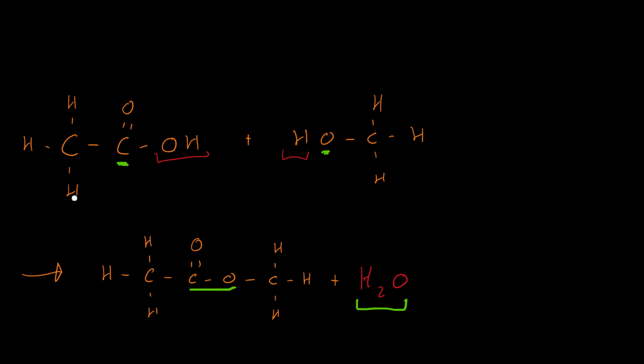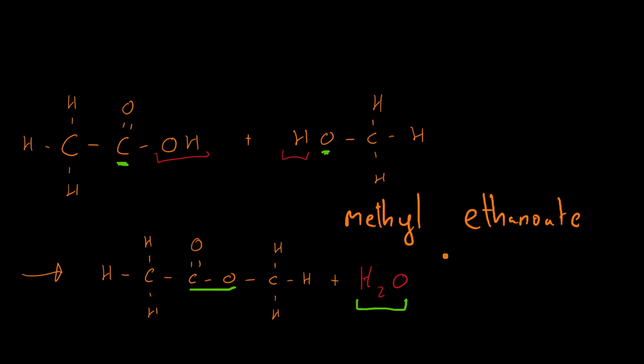Now, the way that we name that is we name it using the alcohol first. The alcohol was methanol, and so we call this methyl. That's the first little bit of the name. So methyl tells you which alcohol you used, and then this one was ethanoic acid, and so we call it ethanoate. So methyl ethanoate would be the resulting name of that ester.